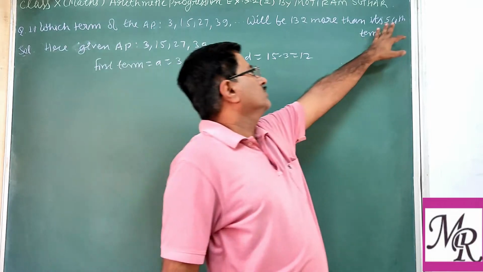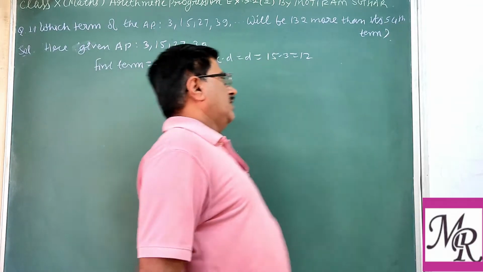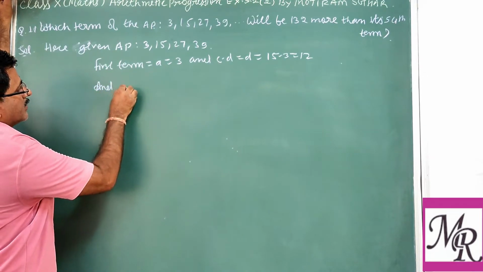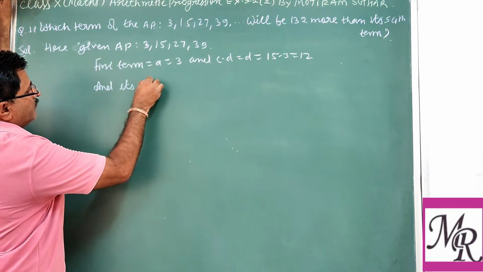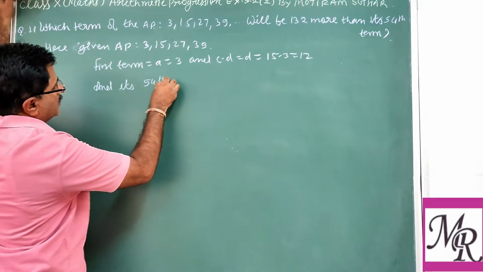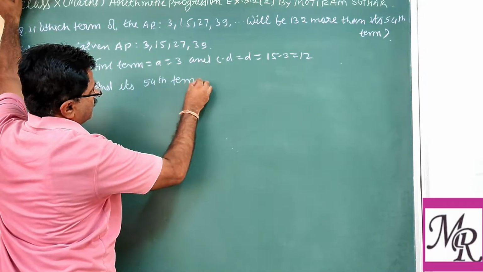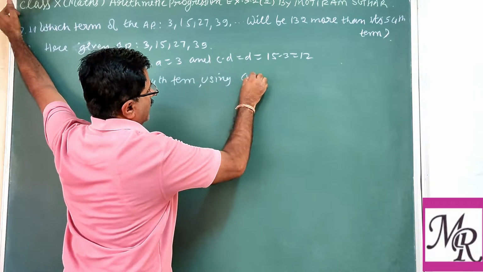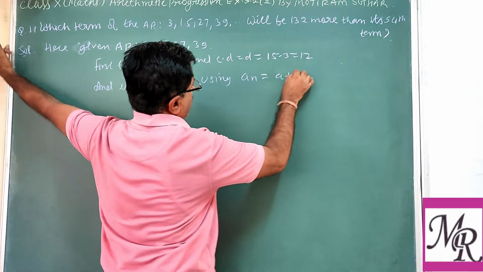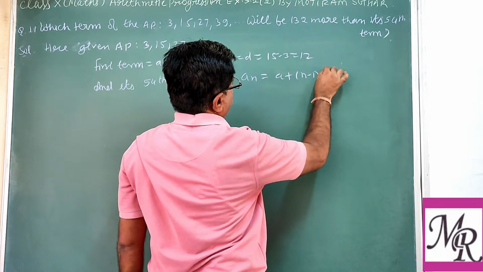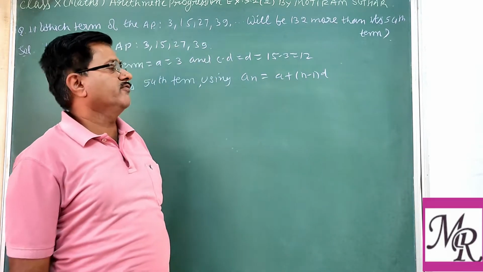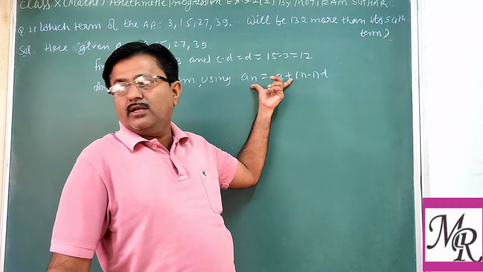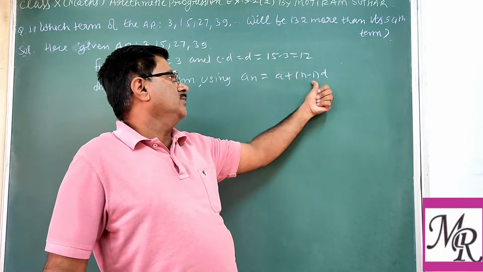Now we can suppose we want to find the 54th term using An equal to A plus n minus 1 into d. To find the 54th term of this AP, we use the general formula An equals A plus n minus 1 d.